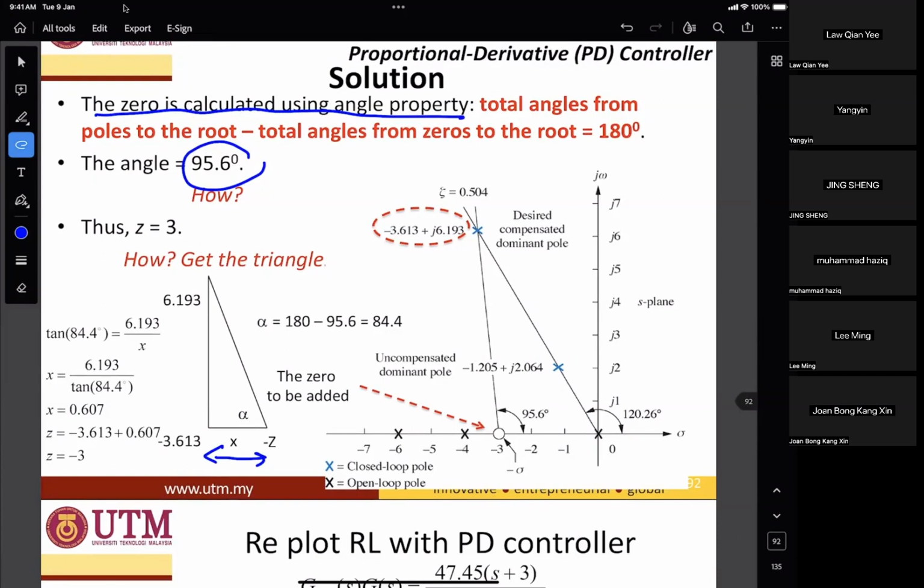So x is 0.607, and then the new zero will be minus 3.613 plus 0.607. So this is roughly the value of the zero, s plus 3.